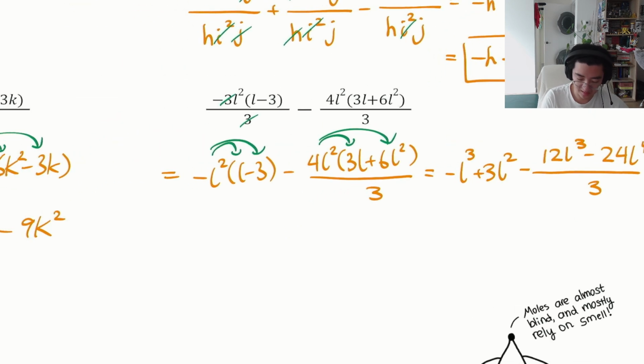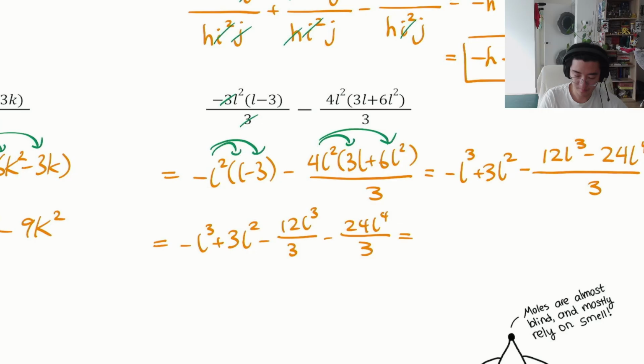As we can see, we have a fraction we can split up. So we have 12L cubed over 3 minus 24L fourth over 3. Cancel this out: this is 4, this is 8.